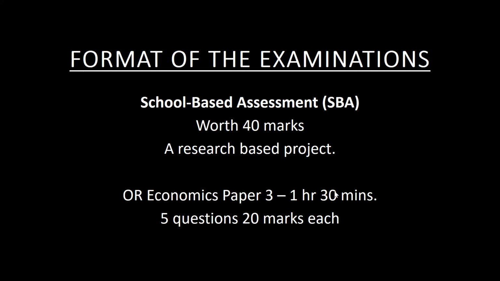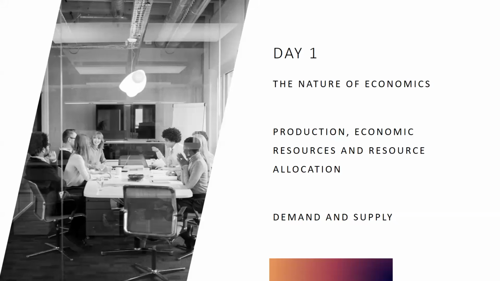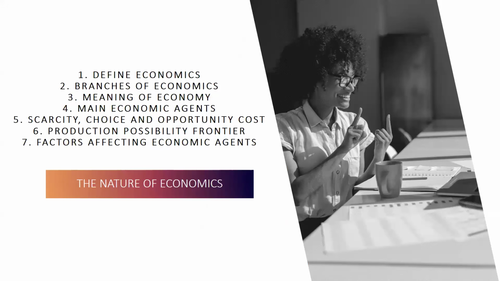Right. So today, we're going to be looking at the first 3 sections: the nature of economics, production, economic resources and resource allocation, and demand and supply. We're going to look at what economics is, the different branches, the meaning of economics, the different economic agents.